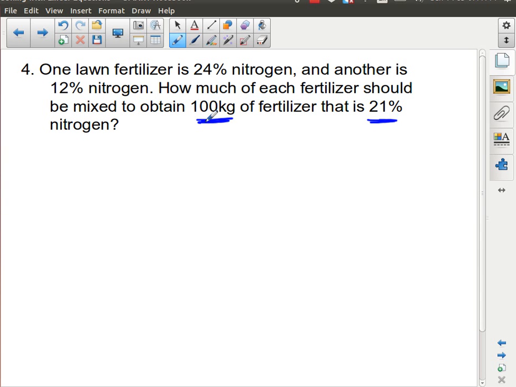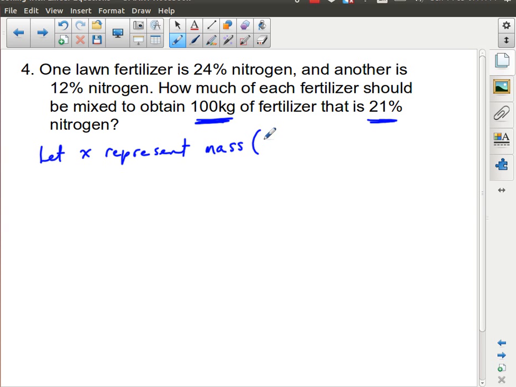So this is the easy part. I'm trying to make 100 kilograms, and I'm going to use a certain mass of the first fertilizer and a certain mass of the second fertilizer. So that one seems pretty clear. I'm going to let X represent the mass, and it's important to put these things in here.